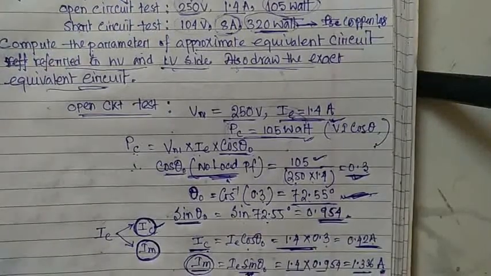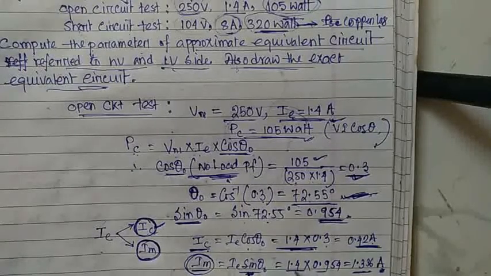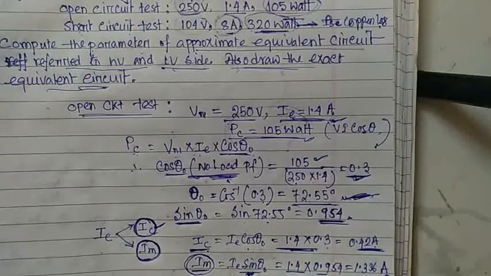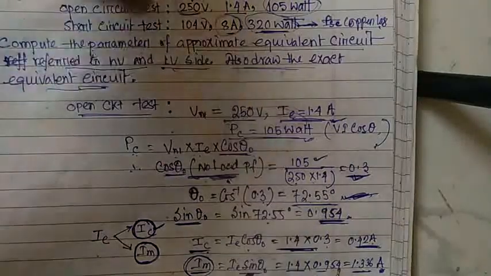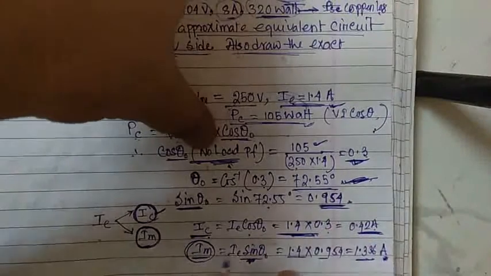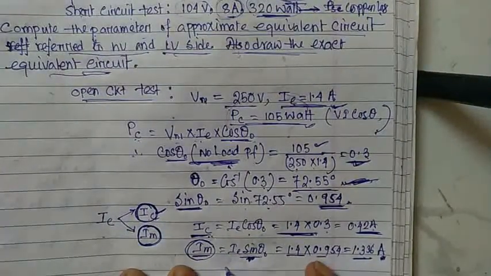The magnetizing component current is IE sine theta 0, that is 1.4 into 0.954, which is 1.336 ampere.